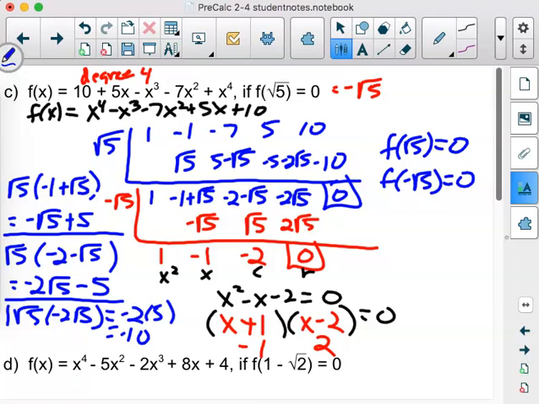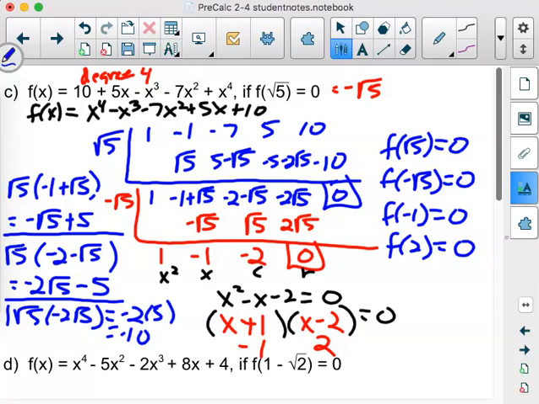That's the one we reasoned to, and again, we had to show that that actually worked by synthetic. You have to verify that. And then we got negative 1 and 2. So f of negative 1 equals 0, and f of 2 equals 0. And I remember way back when we started this, it was a degree 4 polynomial, and I have all 4 of them. So there they are.